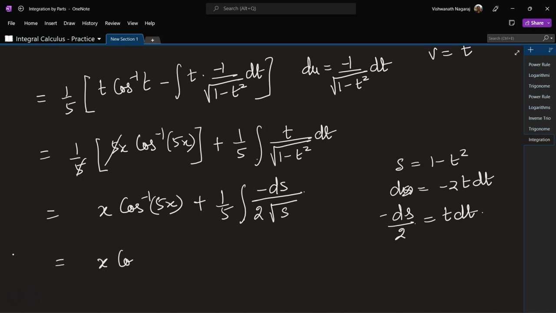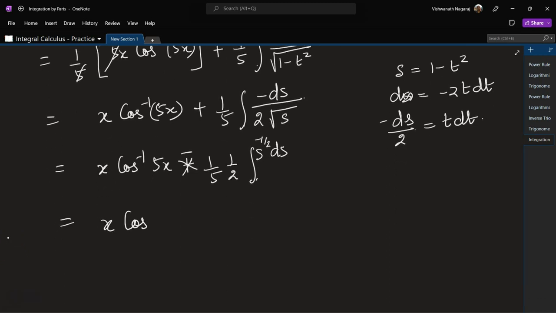Okay, so x cos inverse of 5x plus 1 by 5. This minus again we can take it out. So this becomes minus. Okay, and we end up with 1 by 2 out, integral of ds and s to the power of minus 1 by 2.